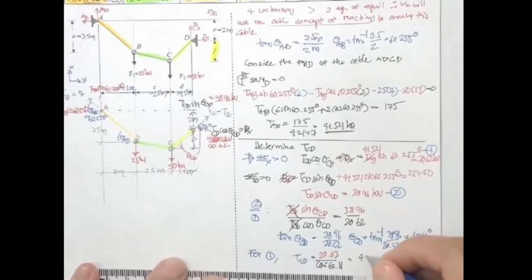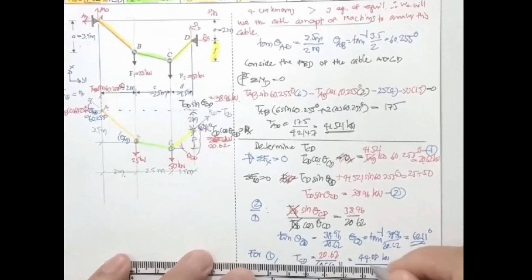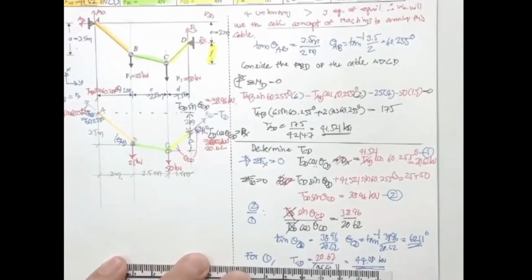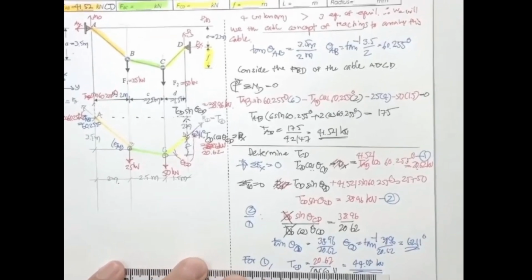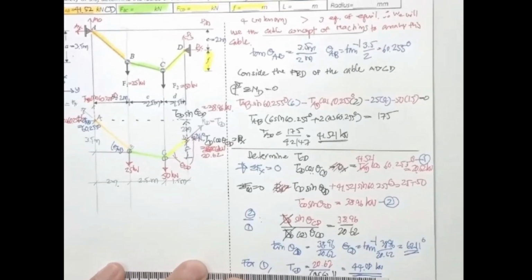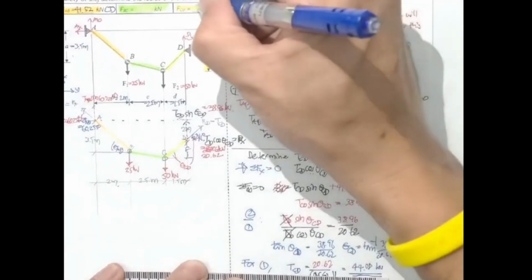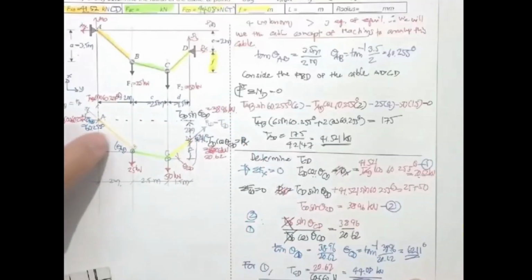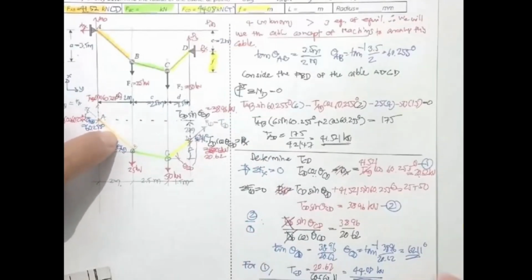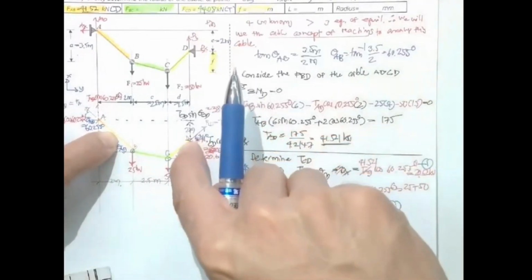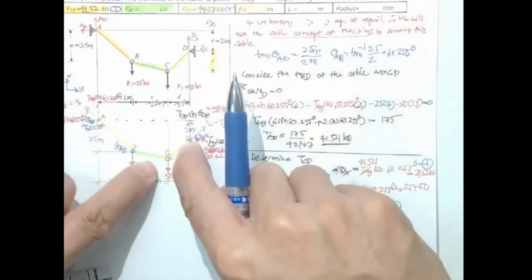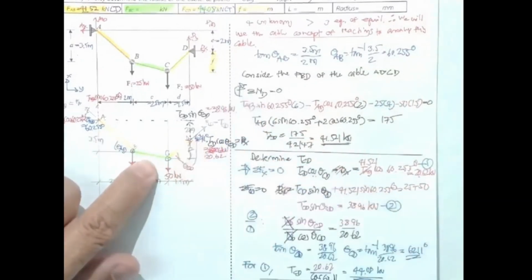Supposed to be 44.08 kilonewton. This is T sub CD, 44.08 in tension. So we have two solutions already: the tension in this cable, the tension in this cable.